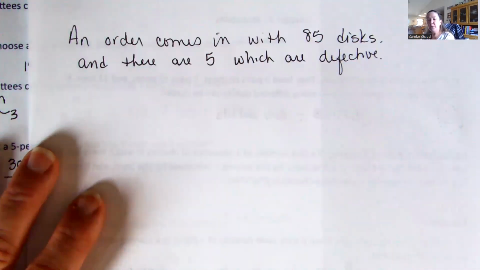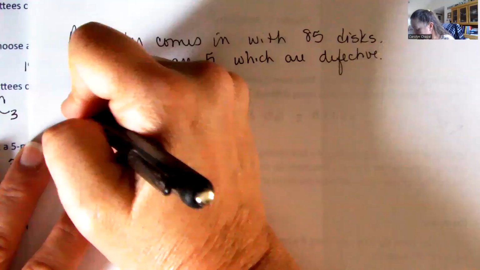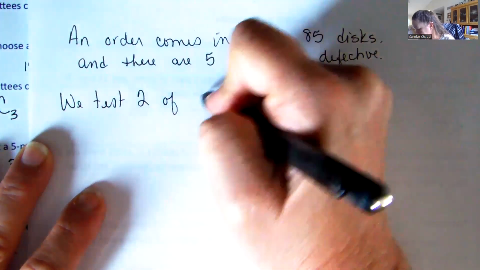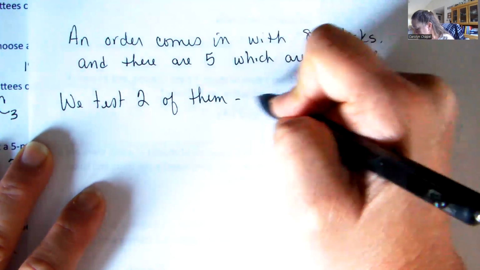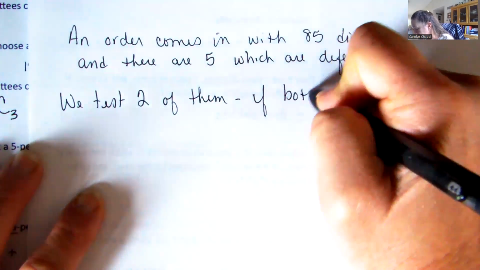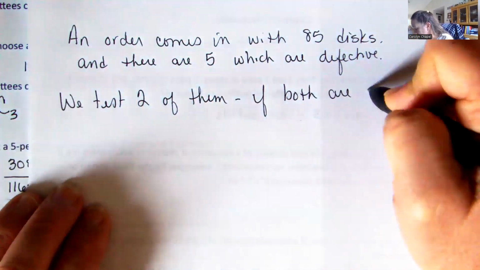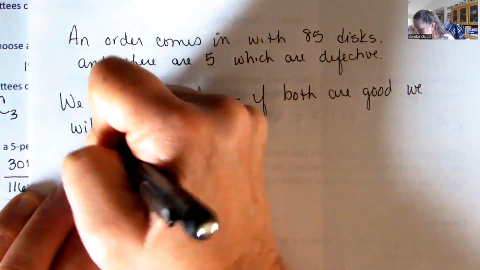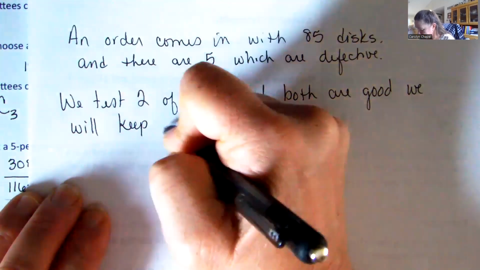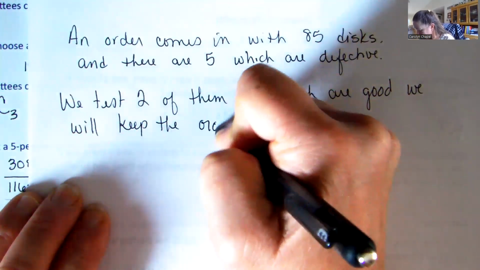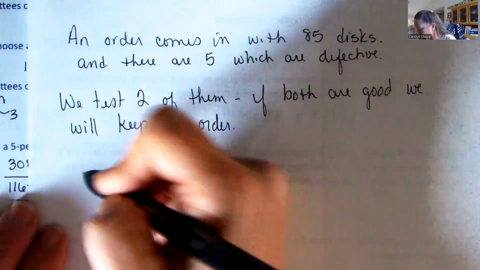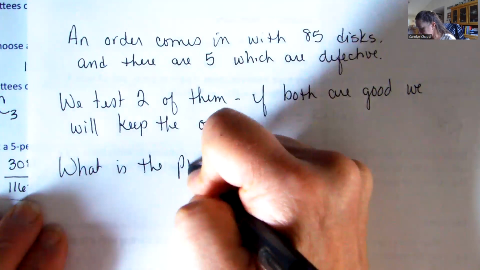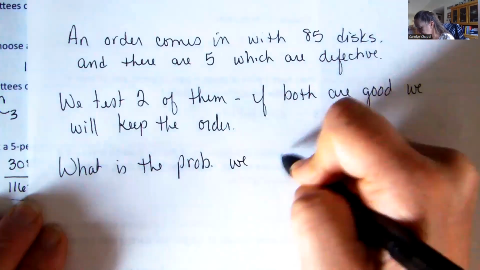Okay, what we're going to do is we're going to test 2. We test 2 of them. If both are good, we will keep the order. Okay, what is the probability we keep the order?